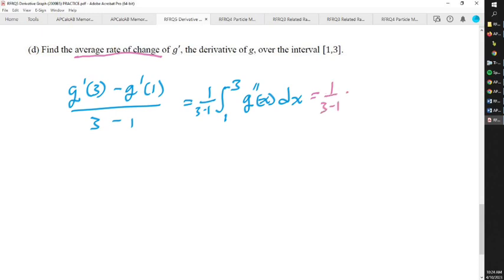It's just g prime, right? Yes. And then we have to plug in the 3 and the 1. Check this out. You plug in the 3 minus, you plug in the 1, and then you multiply it times this fraction. It's the same thing. Do you guys see that? This is the same as this. Okay, so let's finish this.